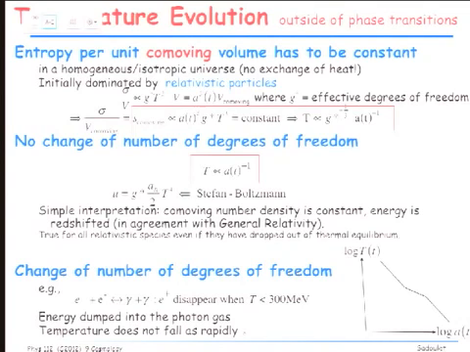As the universe expands, the wavelength of the photons, for instance, of the relativistic particles is stretching out, and in general relativity, basically the wavelength increases, the frequency decreases, therefore the temperature decreases. Okay, so anyway, if there is no change of degrees of freedom, T goes as 1 over A.